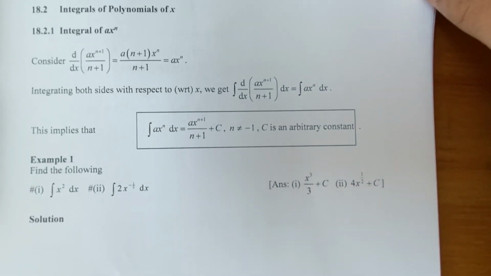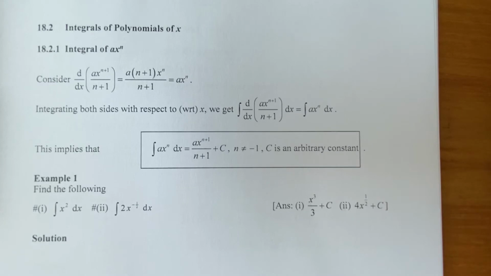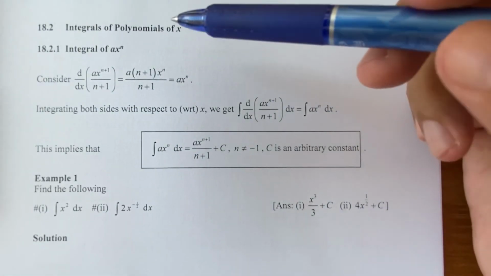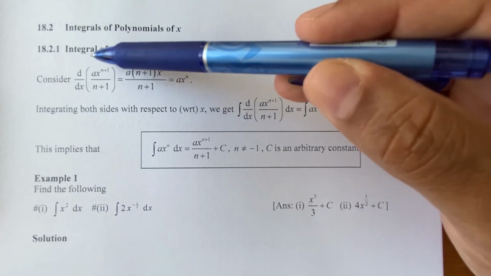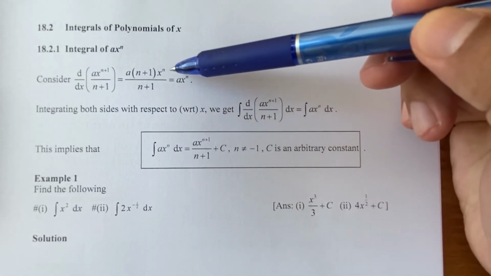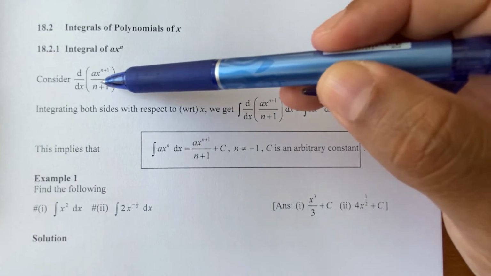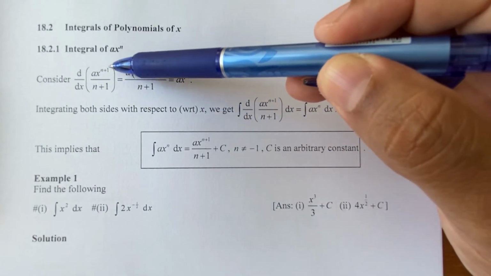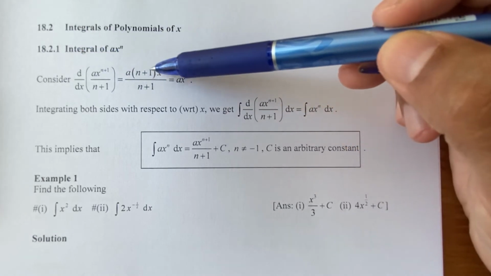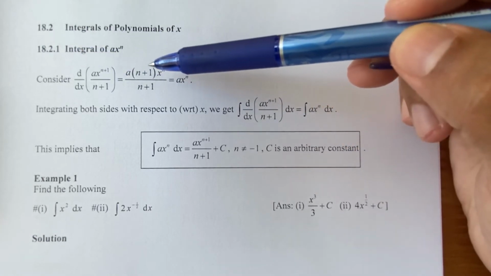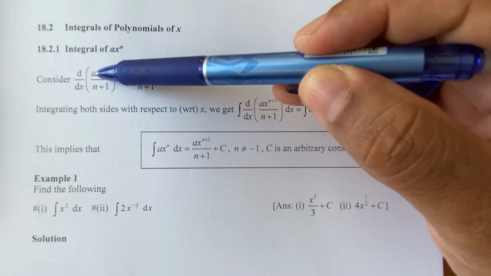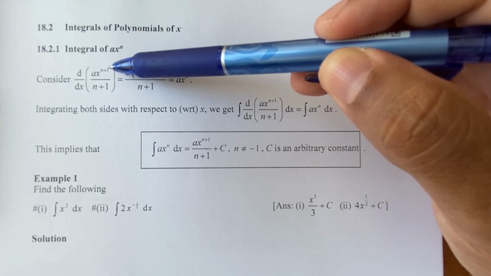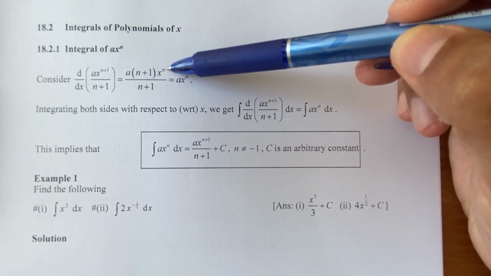Now, so we have basically this formula. When you differentiate this, you notice that n plus 1 is just a factor. We are going to bring down n plus 1, and a also is a constant, and then n plus 1 minus 1 becomes x power n.